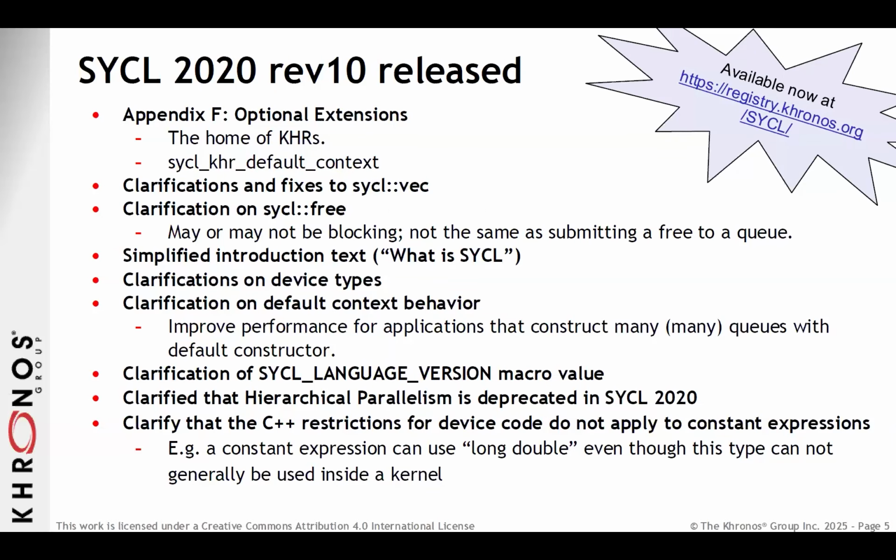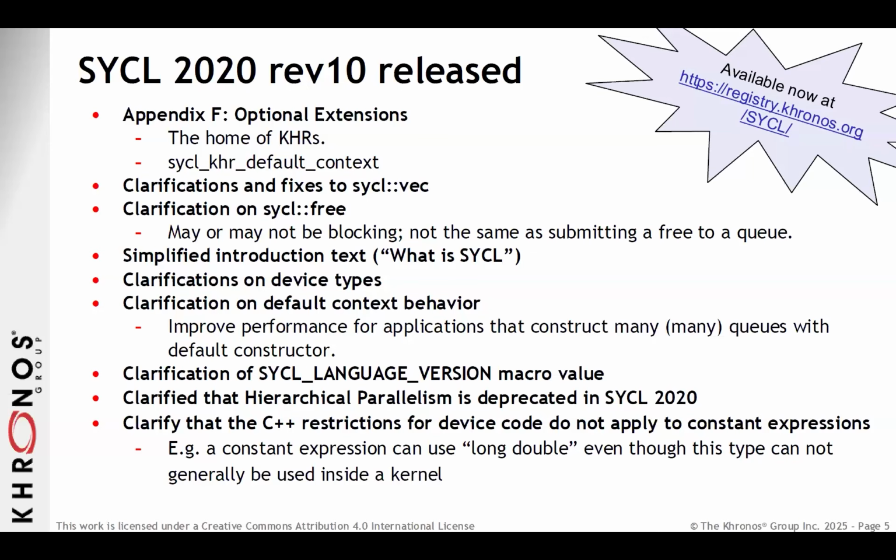With IWOCL, we target a new release of SYCL. At the very beginning of the week or very late last week, we released revision 10 of SYCL 2020. As with all revisions, they're minor updates that mostly provide clarifications and fixes. But SYCL 2020 revision 10 is now released.